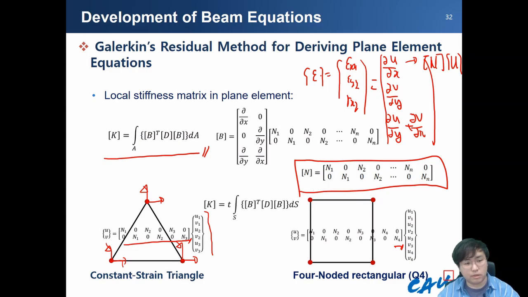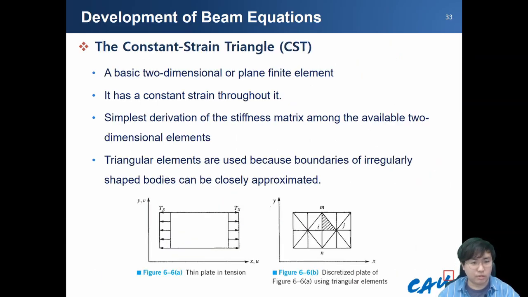After applying the selection of the element, we can finally obtain the local stiffness matrix of the 2D case. Here I added the thickness value. So this is today's lecture.